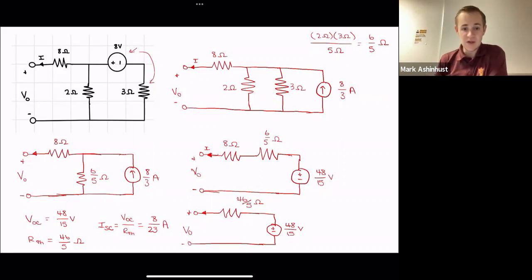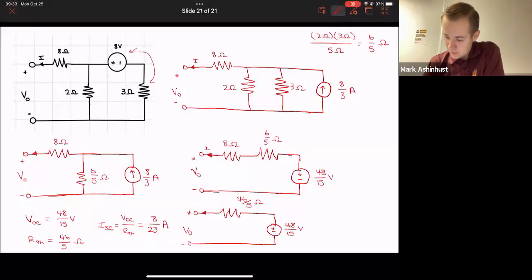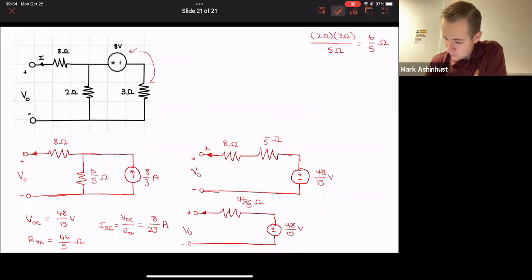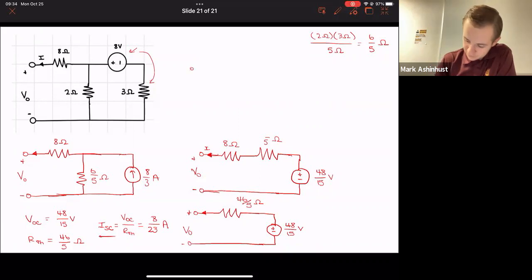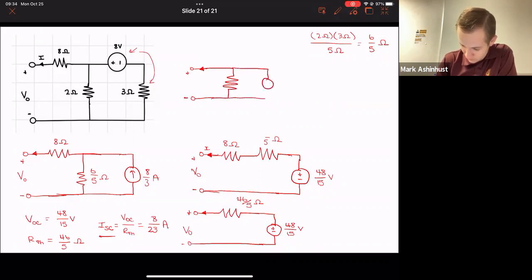And from there, we can draw our Norton equivalent, which I will get rid of this guy at the top. We could draw our Norton equivalent so we know ISC. Keeping the voltage polarity still stays there. So we have our resistance and our current source. Pay attention to which way the voltage is here.